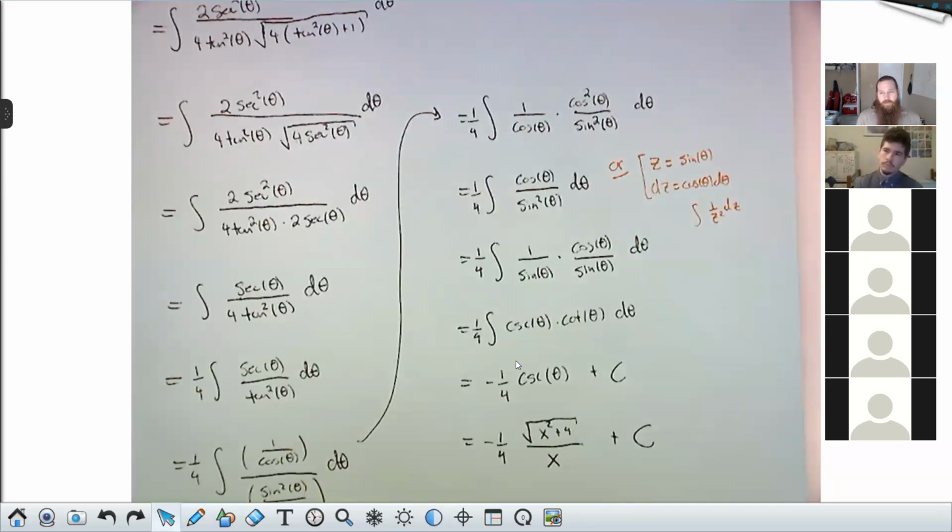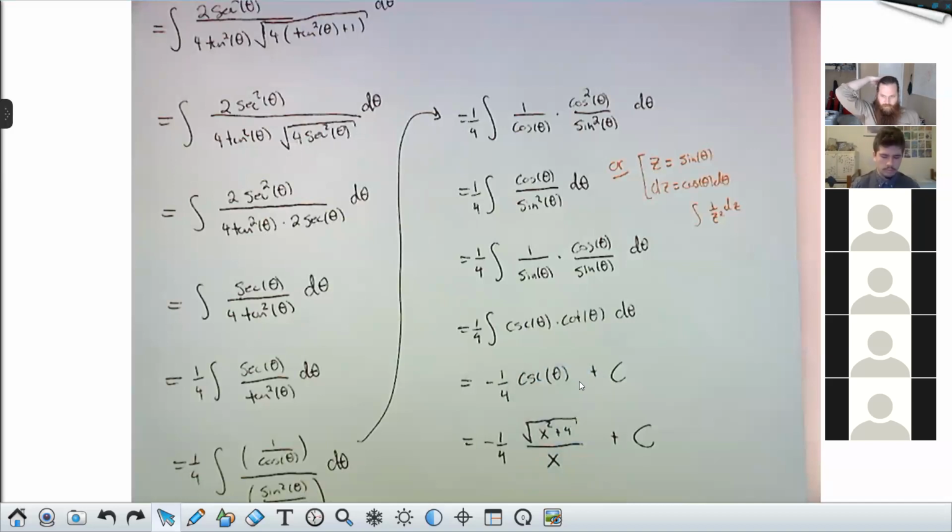And those might not be values that correspond to the x values I'm interested in, like if this was a definite integral. Also, cosecant of inverse tangent of x over 2 is just ugly compared to this. So while it's not incorrect to say that this is cosecant of arctan of x over 2, it's certainly not pleasant.